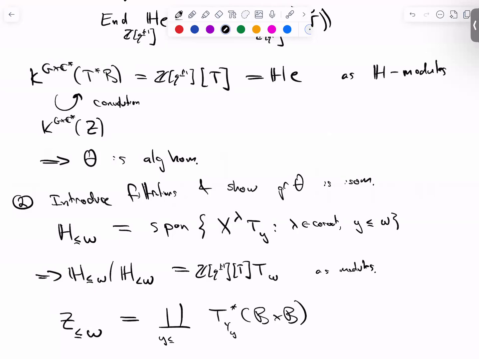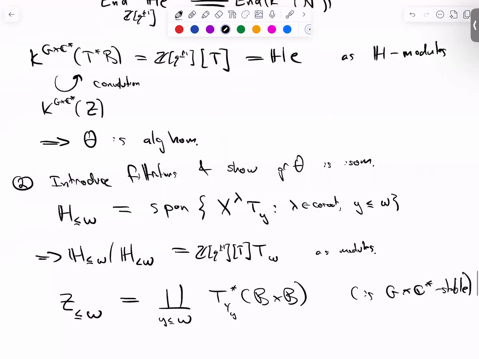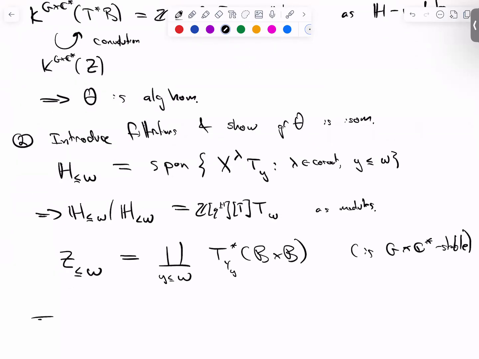Silly thing where I use two different y's. And this decomposition is G cross C star stable. So now we can compute the K theory of both sides. It's again just going to be free rank 1 given by the structure sheaf of this conormal.